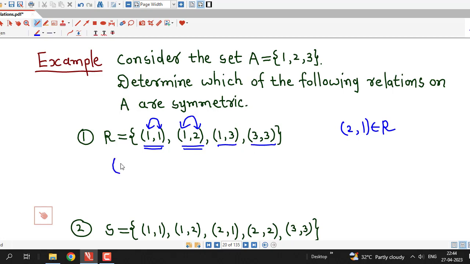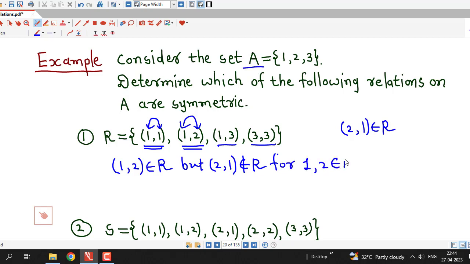So we can write that 1, 2 belongs to R, but 2, 1 is not present in R, where 1 and 2 are from the given set. For 1, 2 belongs to capital A, the ordered pair 1, 2 belongs to R, but the ordered pair 2, 1 is not in R. This means R is not symmetric.